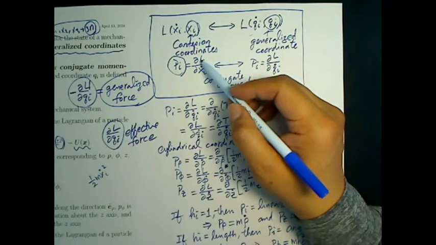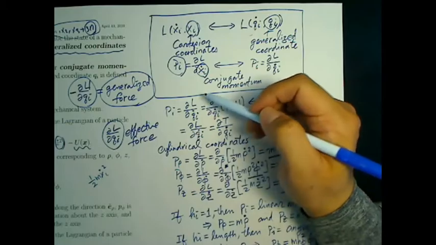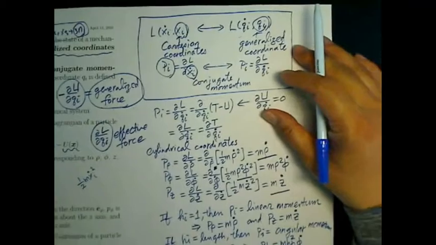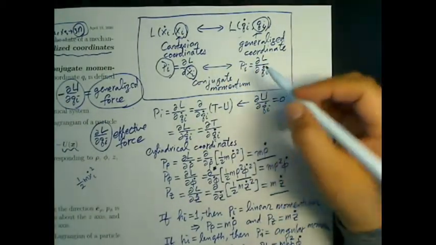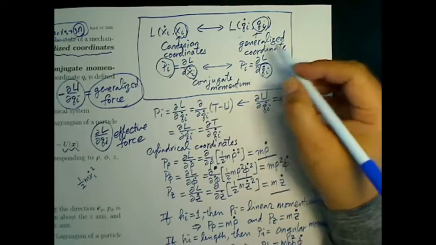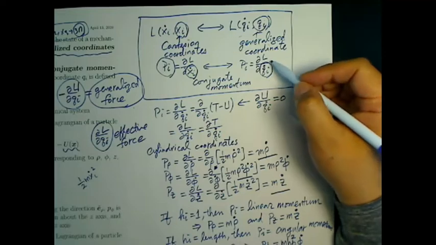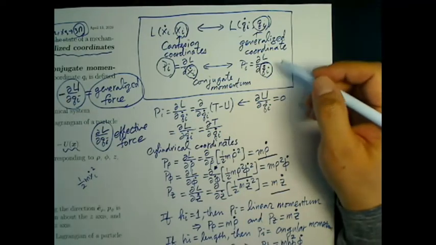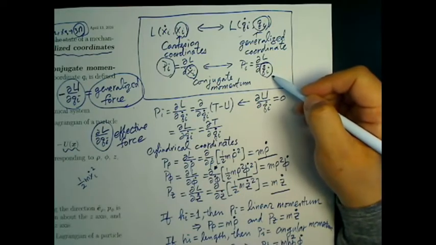That is obtained by taking the partial derivative of the Lagrangian with respect to the time derivative of that coordinate. In the case of generalized coordinates, the same thing is carried out, and the corresponding generalized momentum is obtained by taking the partial derivative of the Lagrangian with respect to the time derivative of the generalized coordinate Qi dot.